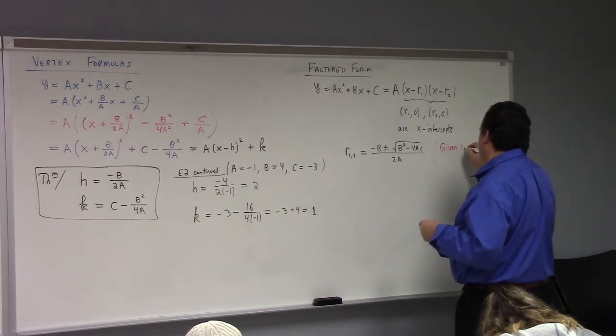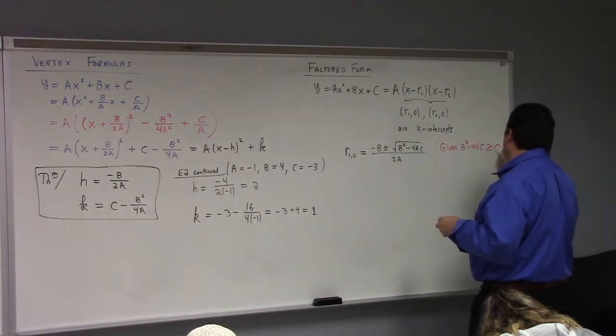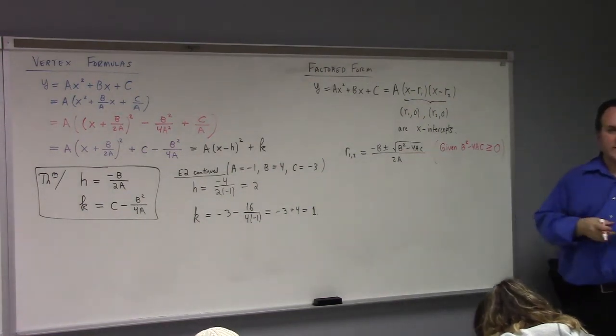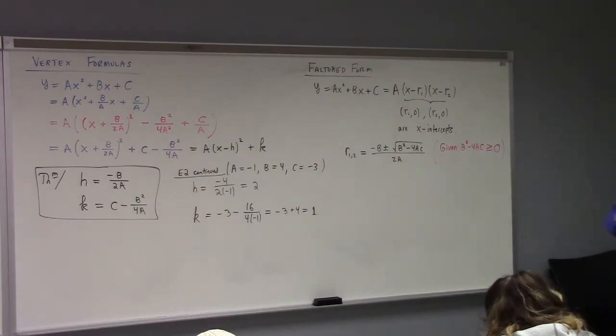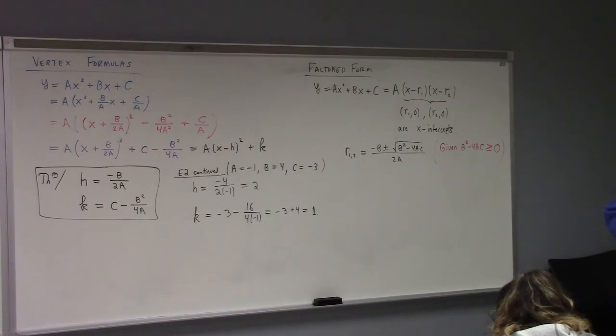I need b squared minus 4ac to be greater than or equal to 0. I need the discriminant, the thing inside the square root, to be non-negative. If it's negative, it's a complex solution, and so I really shouldn't call them x-intercepts. The algebra still works. You can factor it, like I have written here, but it doesn't have the geometric interpretation of being x-intercepts.